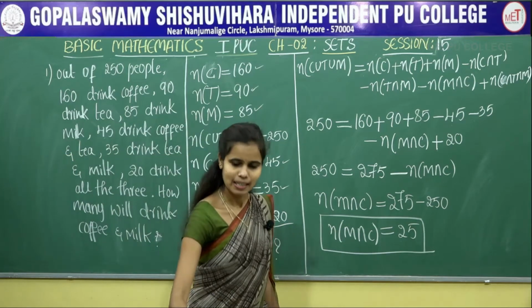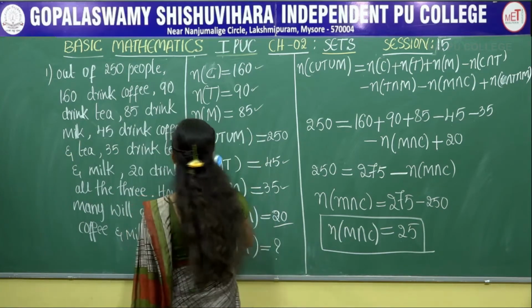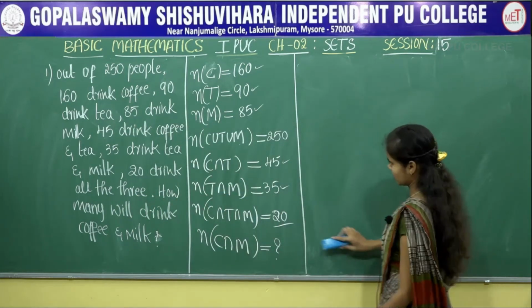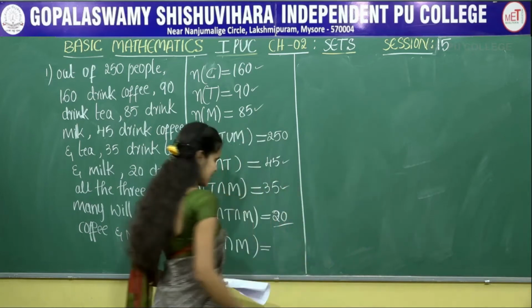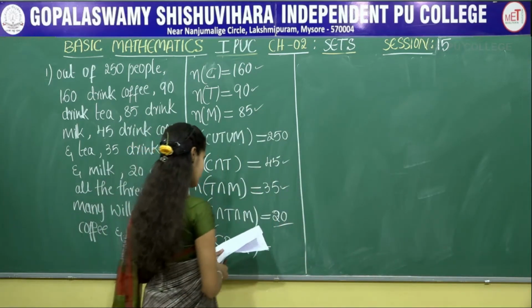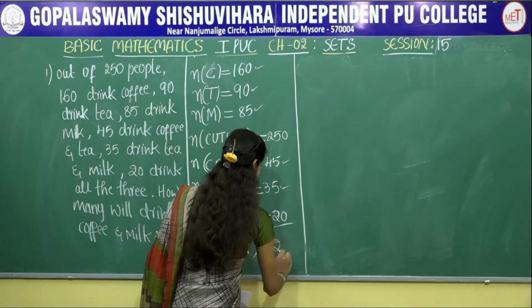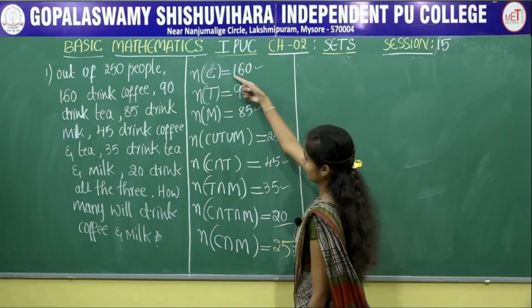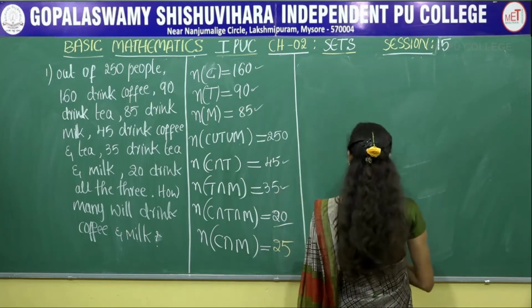Now represent it in the Venn diagram. So we get C intersection M is equal to 25. Okay, here we have three sets, so consider three intersecting circles.